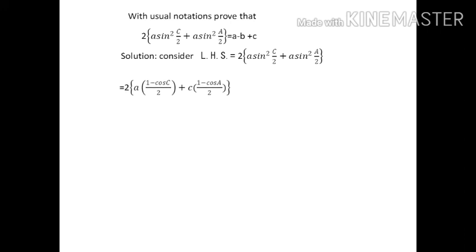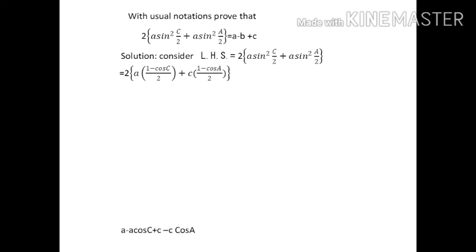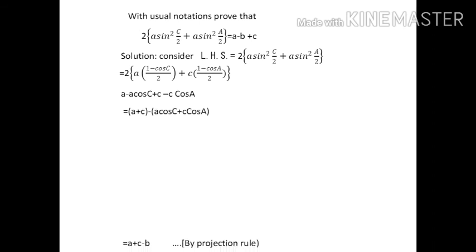Here we use the formula for sin square(C/2), which is equal to (1 minus cos C)/2, and sin square(A/2), (1 minus cos A)/2. Therefore a(1 minus cos C) plus c(1 minus cos A), which is a minus a cos C plus c minus c cos A. Here use the projection rule for the second bracket: a plus c as it is, and the value of the second bracket using the projection rule is equal to b. Therefore we get a plus c minus b, which is equal to RHS.